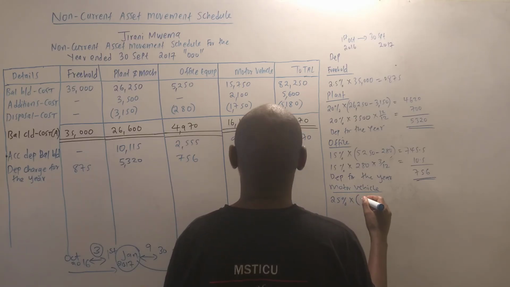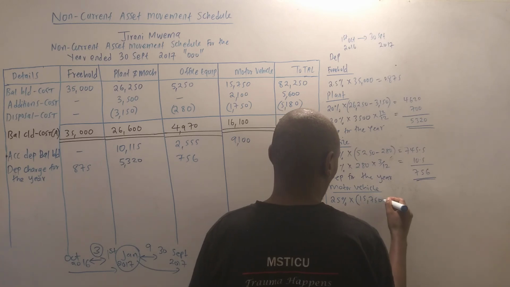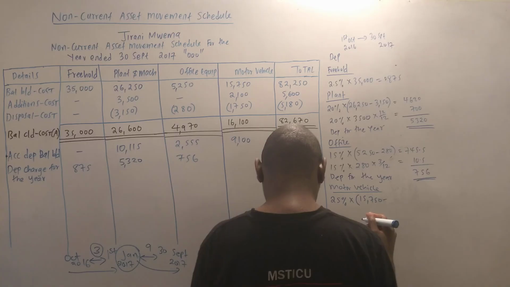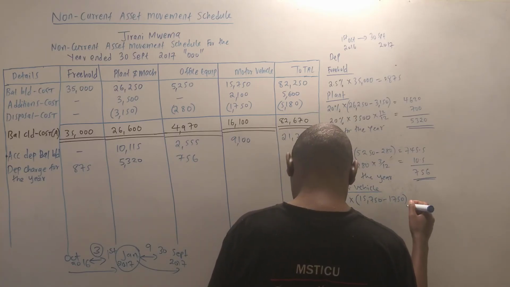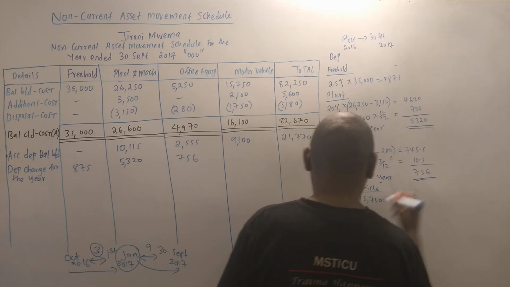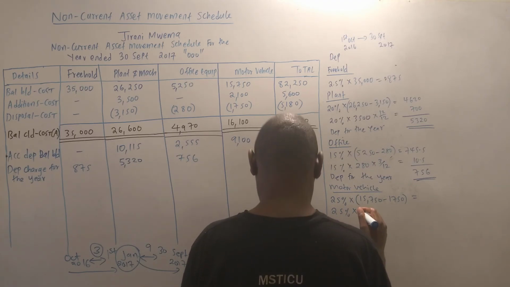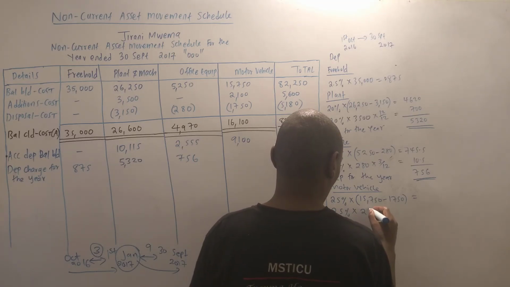Now on cost, what's our cost? 15,750. But there was something that was sold, which is 1750. And then also consider 25%. There's something that was acquired, they acquired 2100.